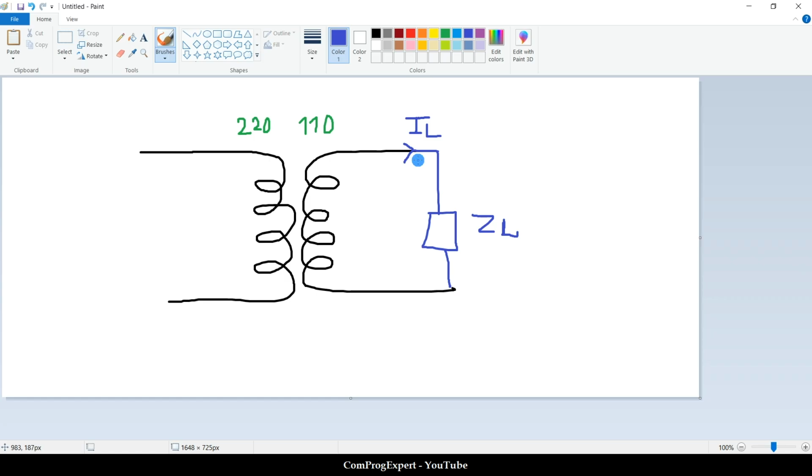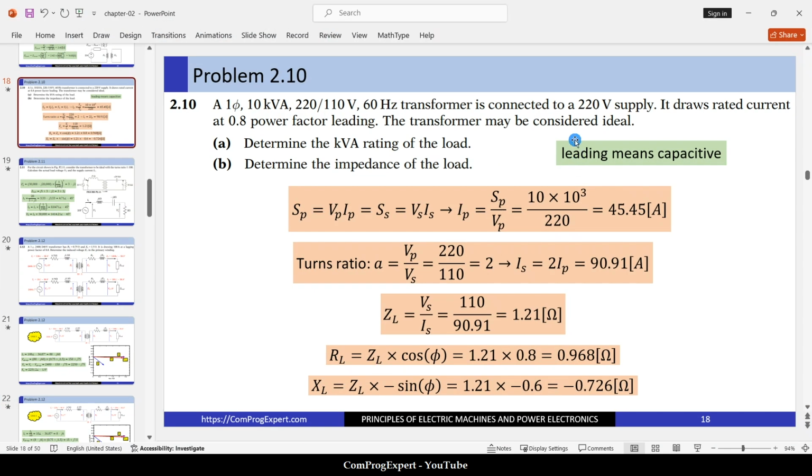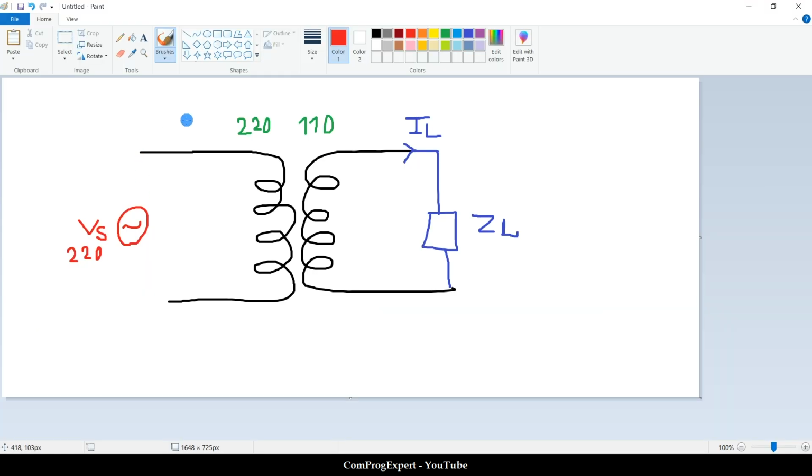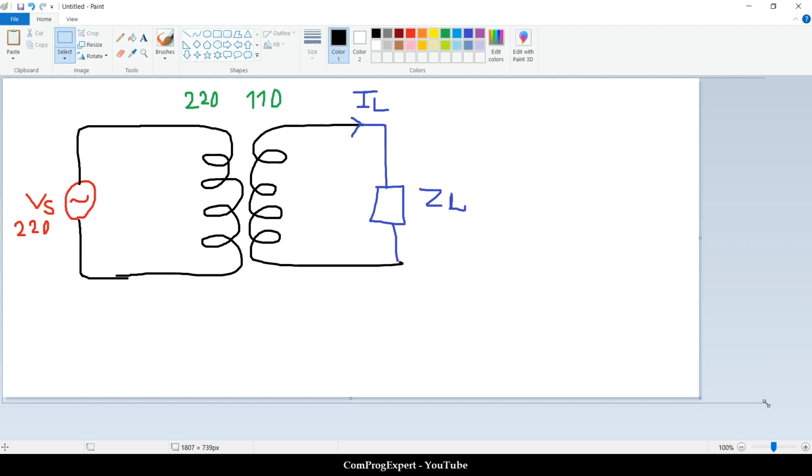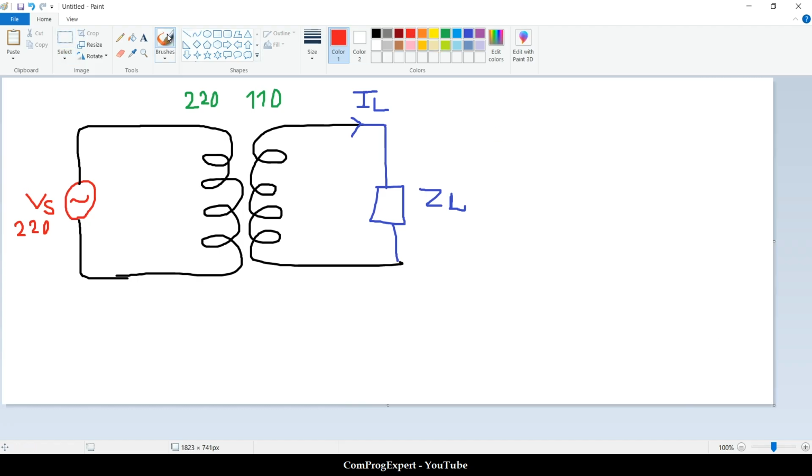The power factor of the load is also given, and here we have a voltage source Vs, the supply voltage, that is equal to the 220 volt supply that we have here. The power factor of the load is 0.8.